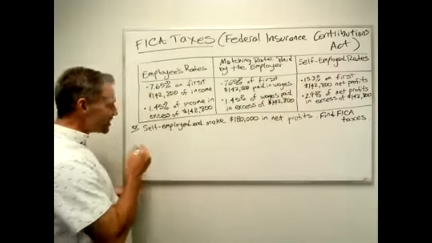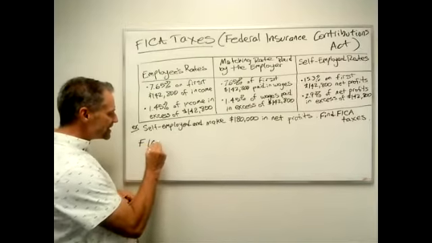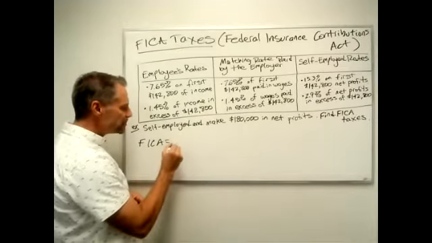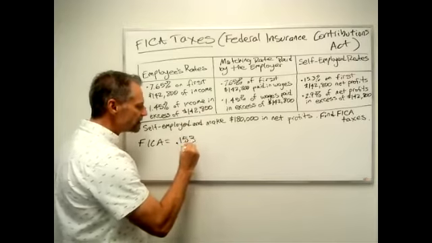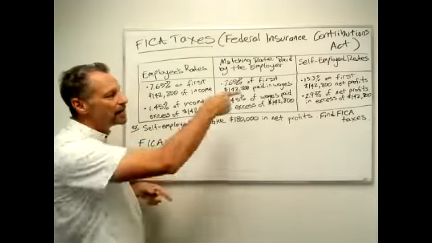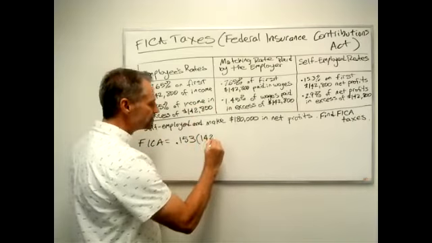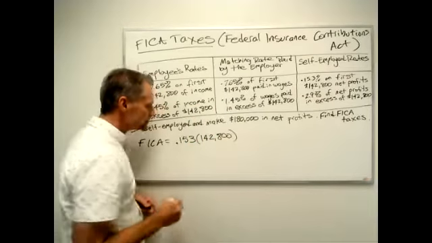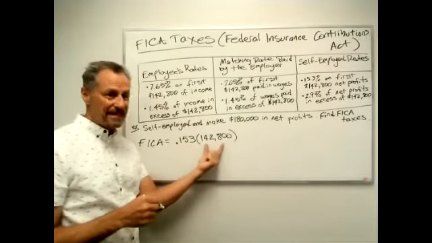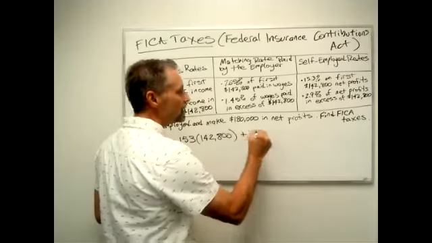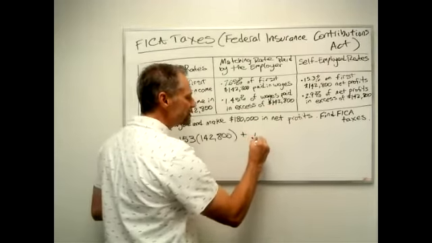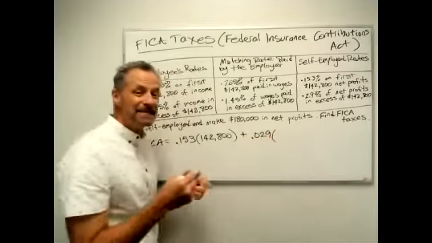Well, to do that, let's just say FICA equals, well, the 15.3%, 0.153 times the 142,800. So we're going to pay 15.3% of that plus 2.9%, 0.029 times the excess.